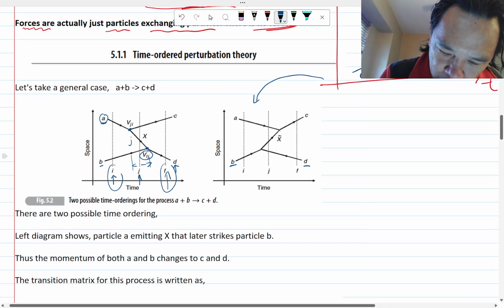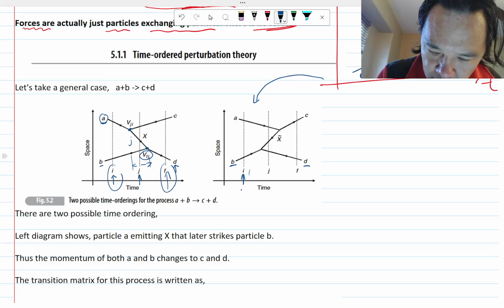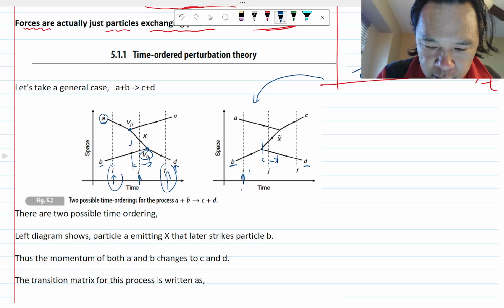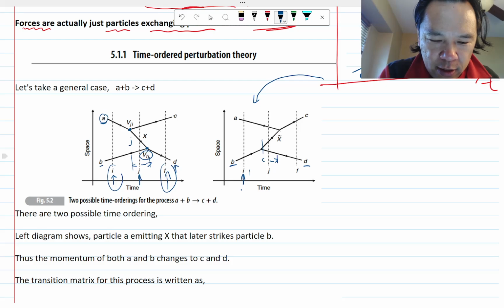Once again, we have some initial state. Let's just point to it here. We see this, but there's also some intermediate state that we actually don't see. Unless we can intercept this intermediate particle and catch it, we don't know if it's an X or X tilde.